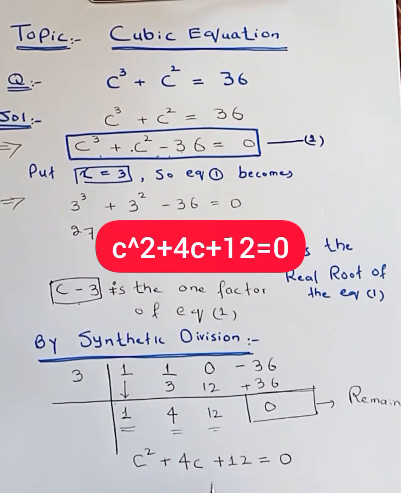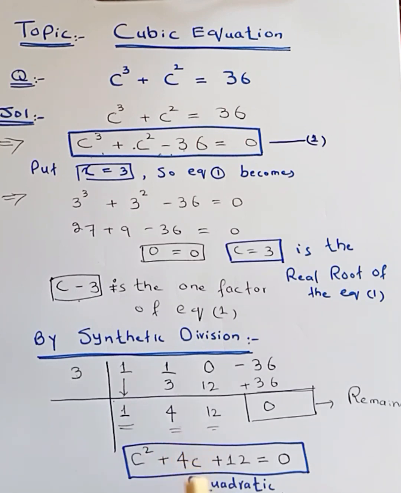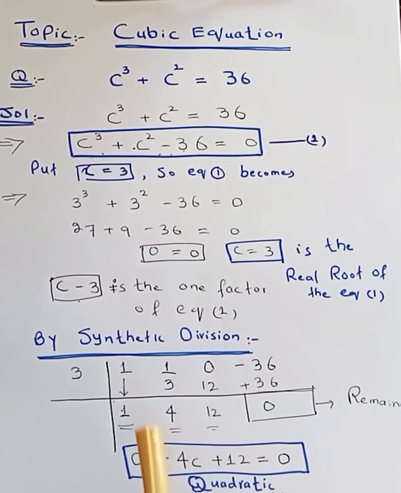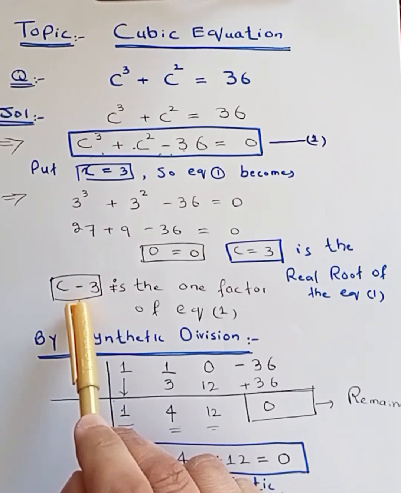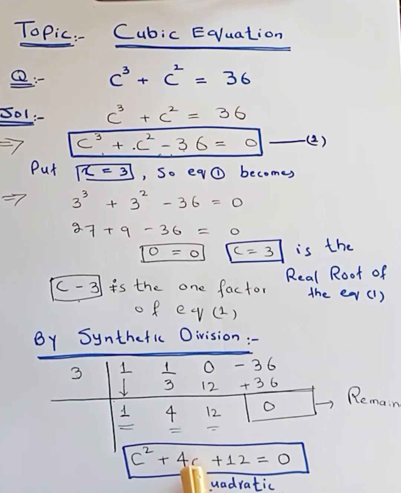So c minus 3 is one factor, and the next factor is this quadratic equation. Now we will try to solve the quadratic equation to find the value of c.